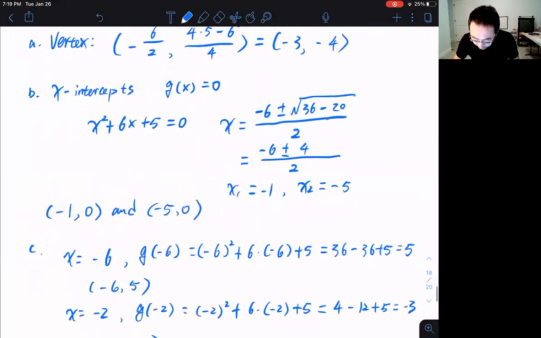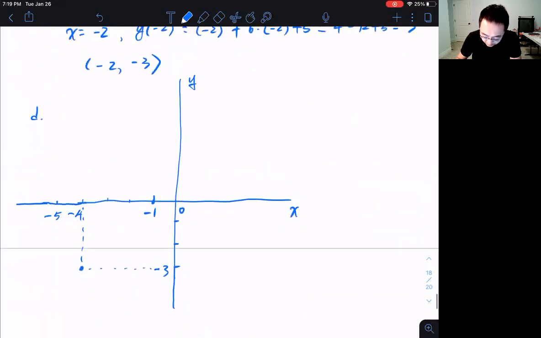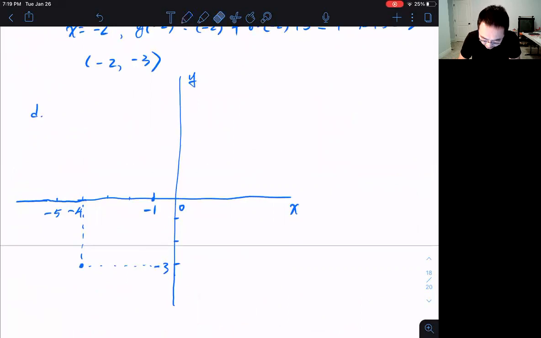Negative 3, negative 4. Oh, whoops, I got these two totally reversed. You can never be too careful. So it's negative 3, negative 4. That means it's negative 3 here and negative 4 here, because the first number is on your horizontal axis and the second number is on your vertical axis.